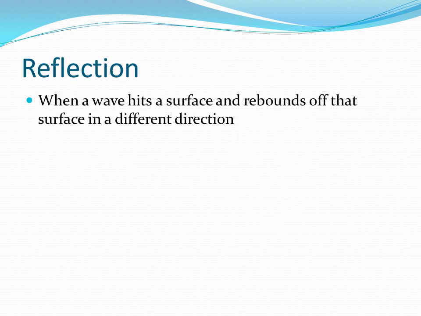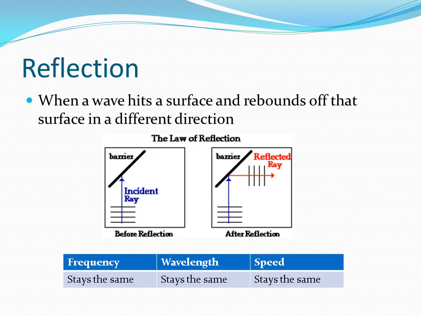A reflected wave just happens when a wave hits some sort of surface or boundary and rebounds off that surface in a different direction. This is the law of reflection. All right, you have a ray or a wave coming in, it hits a boundary, and it reflects off.